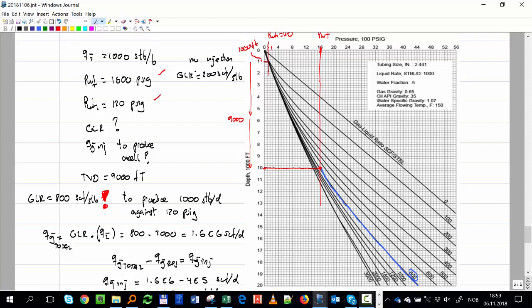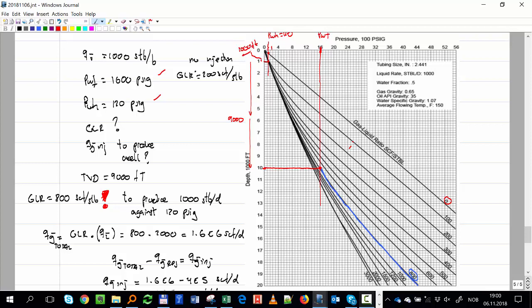Now for 120, let's start with that, which is the easiest. If there is no gas, the gas liquid ratio is 0, then I will cross here, right? But for all the other gas liquid ratios, for all the other family, I'm going to cut more or less there, in that point. When you go to the left, you find that this is 1,000 feet.